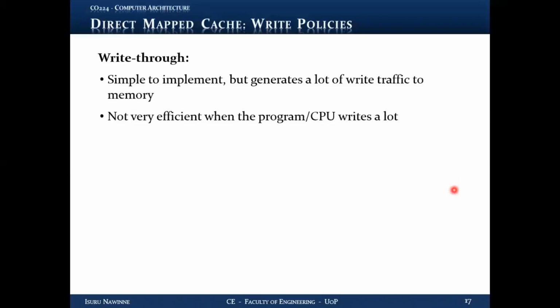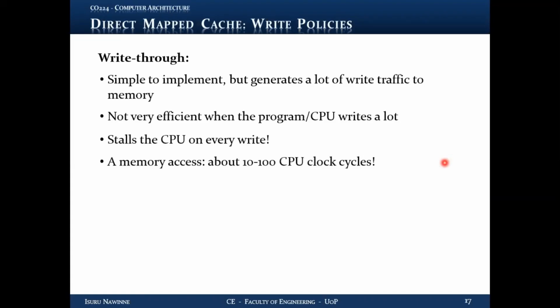So it's not very efficient when the program or the CPU running that program, the combination of the program, instruction set architecture, and the CPU microarchitecture, generates a lot of write instructions, right? So if your program on that CPU has a lot of store word instructions that write to the memory a lot, then it's not very efficient. You're going to send all those writes to the memory.